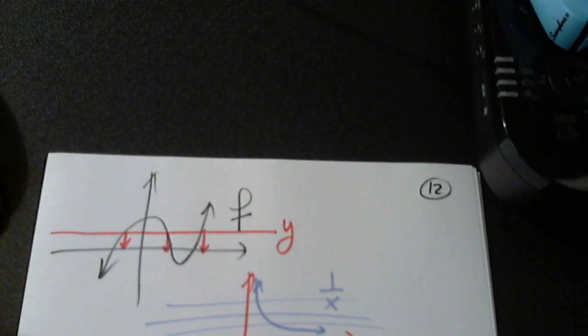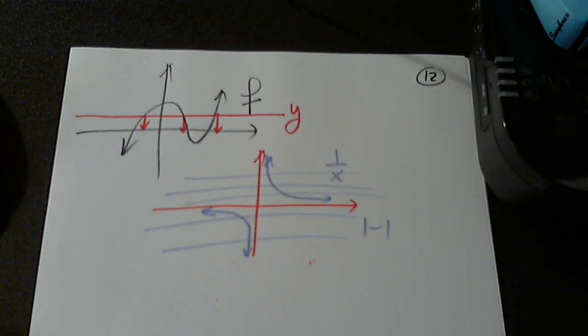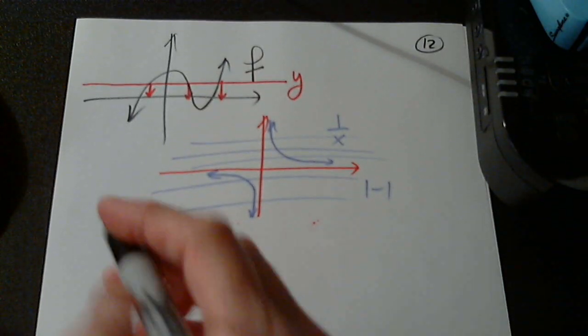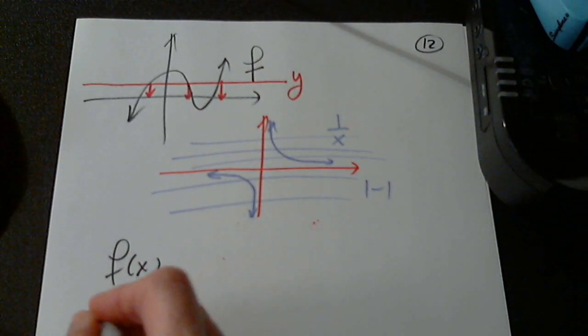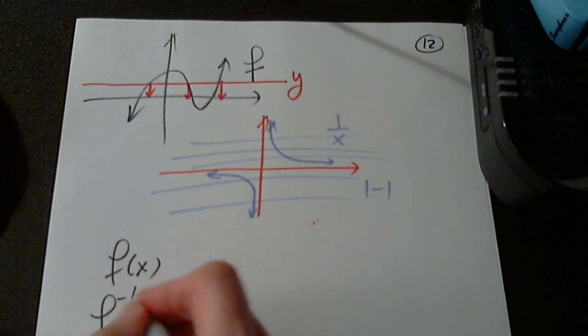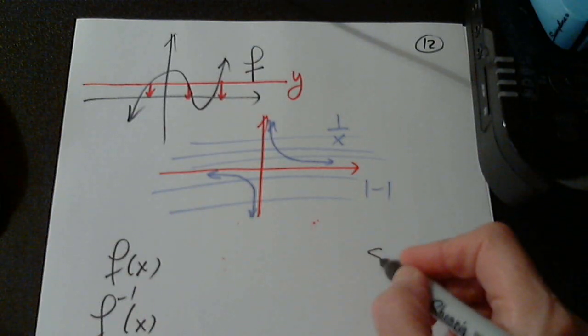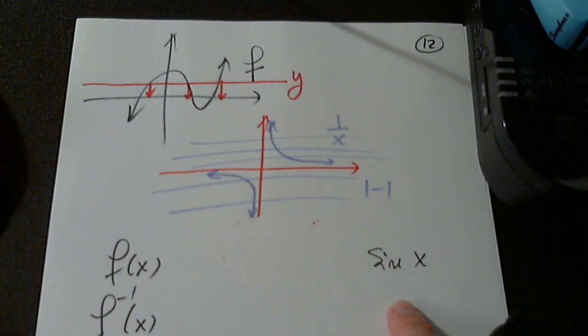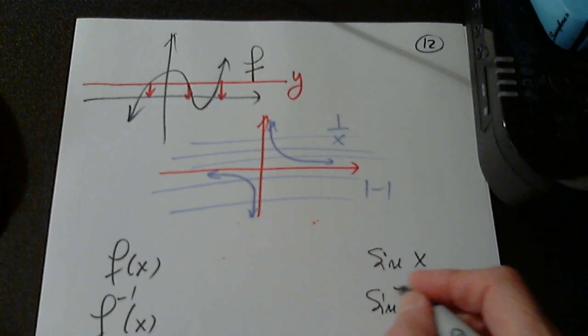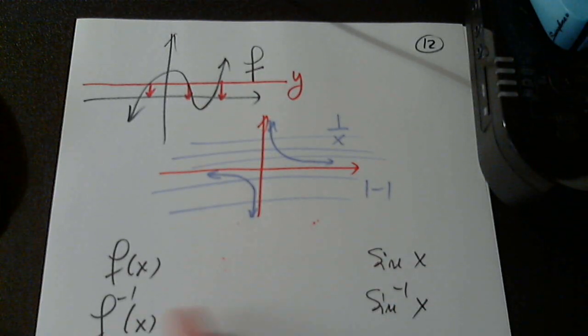Okay. I want to give an example of two inverse functions. The notation is f inverse. Remember what I said? This is one function, and this is its inverse, not 1 over x.